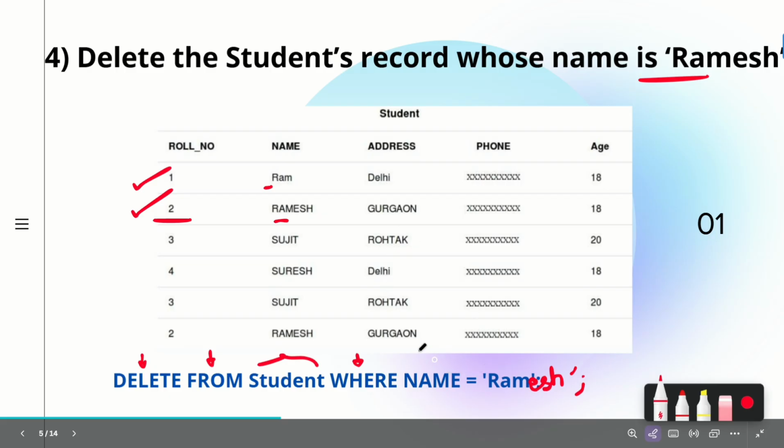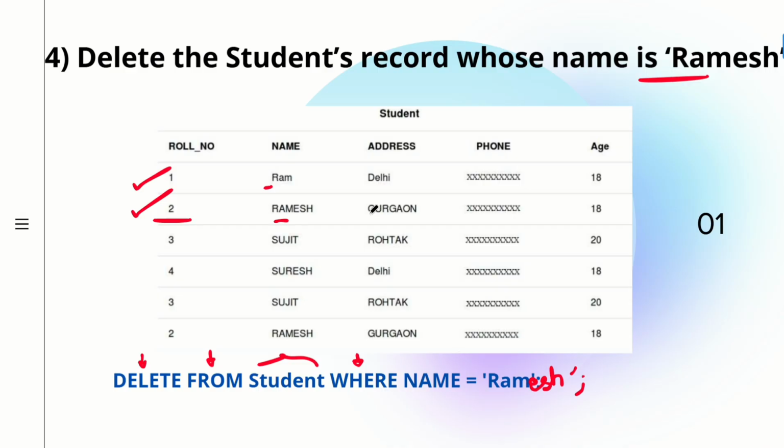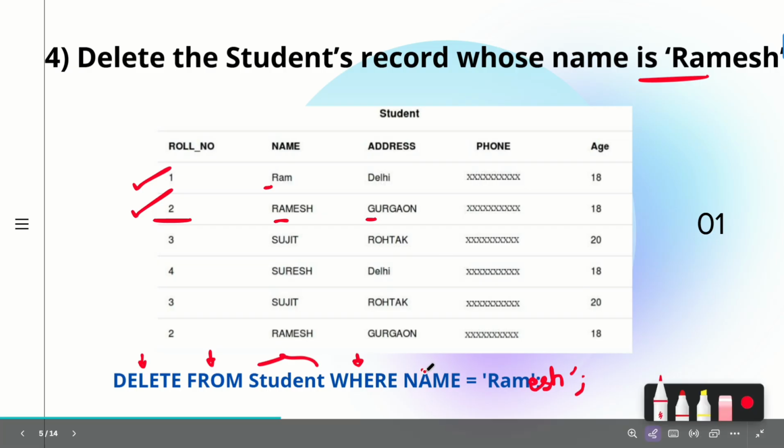You can give any other condition also, like where roll number is 2 or where address is Gurgaon. But with Gurgaon, there might be multiple students from the same address, so it's not good to use such things. I'm just giving you examples; it is not necessary to use the name only.